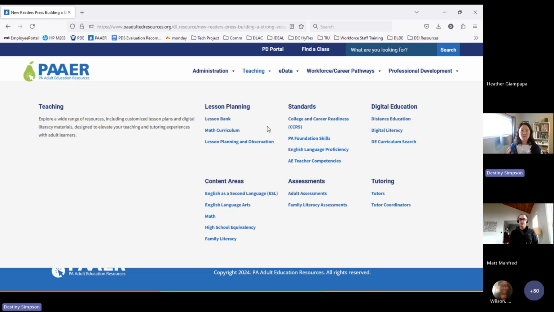And it helps you from having to recreate the wheel. So rather than having each teacher that's, for example, teaching English language arts to an HSC class, develop their own lines of inquiry to help their learners build knowledge and build their reading and writing skills, this helps you find and use resources a lot easier.